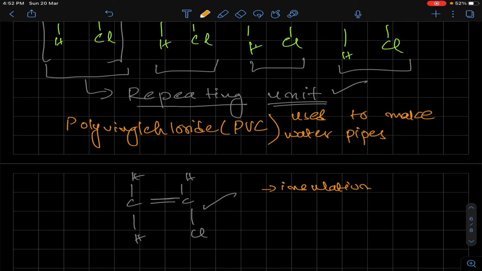They do not conduct electricity. So these are a few uses of polychloroethene or polyvinyl chloride. Okay, so these are a few examples.